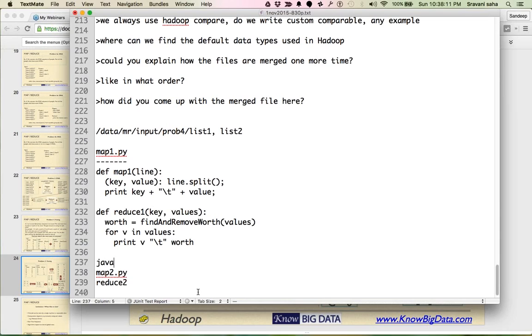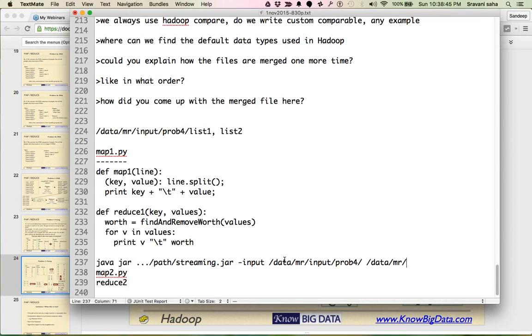Once we have done that, we will say java jar, and then we will give the path to your streaming jar. Then we'll say input is my folder like this, phase 1.